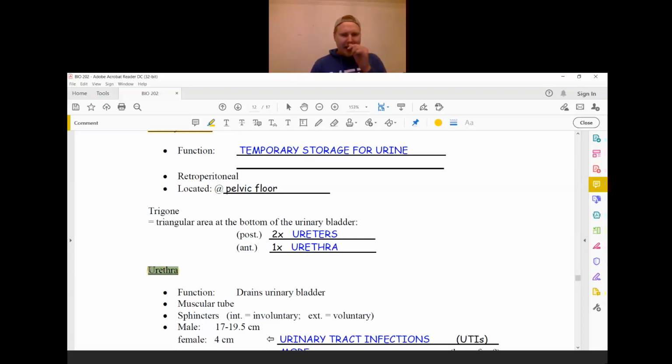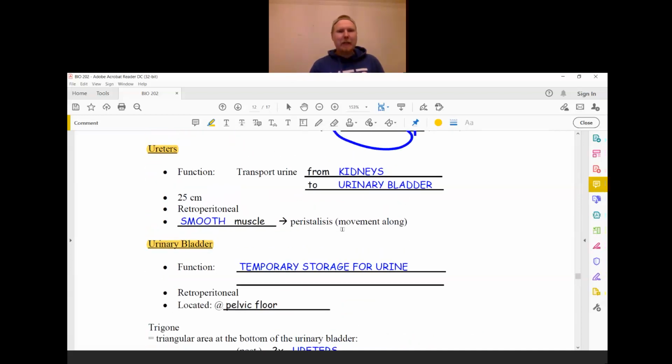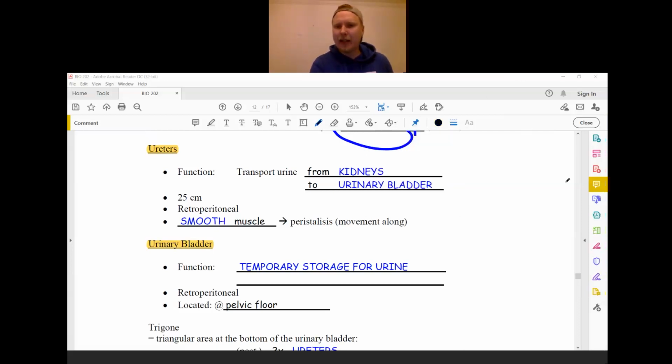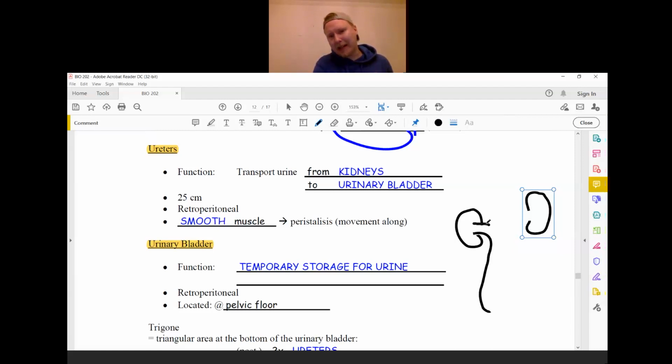And to discuss all of them, I'm going to draw a little sketch diagram for us again. So let's draw our kidneys with the left kidney a little bit higher than the right kidney. Then we have our ureters coming out of those nicely.